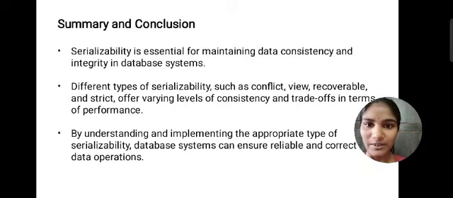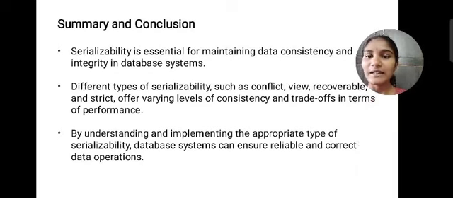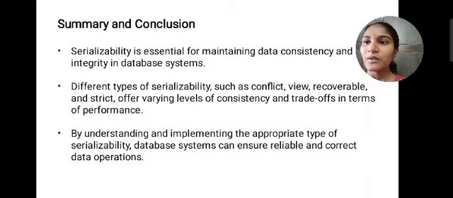This is called serializability, to maintain data consistency. There are different types of serializability: conflict, view, recoverable, and strict. They offer varying levels of consistency and trade-offs in terms of performance. By understanding and implementing the appropriate type of serializability, database systems can ensure reliable and correct data operations. So this is the whole concept of serializability and its types.